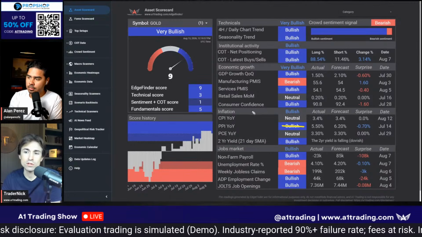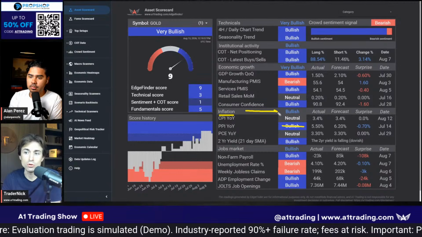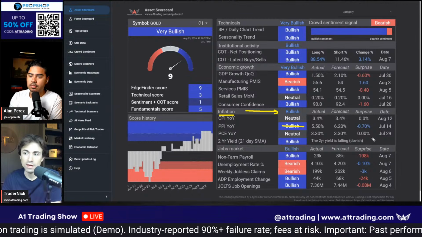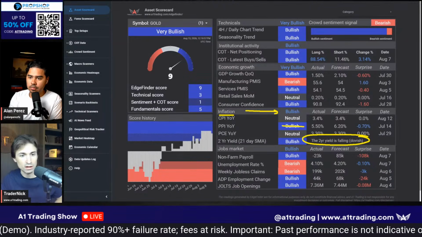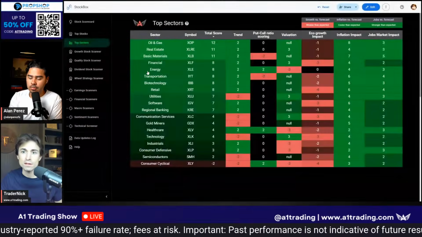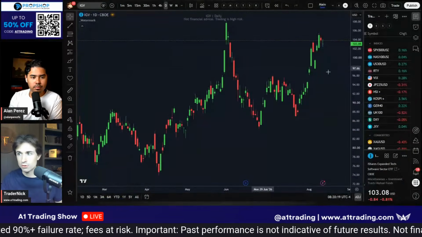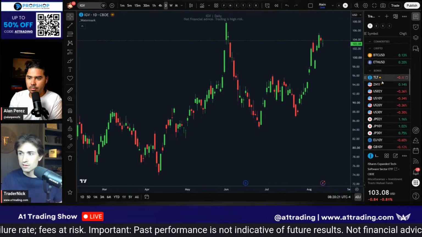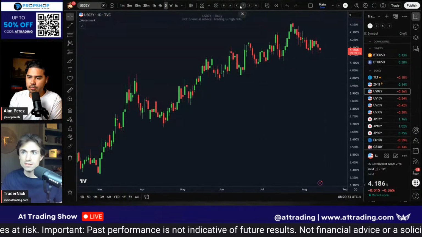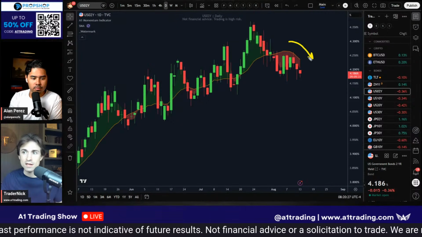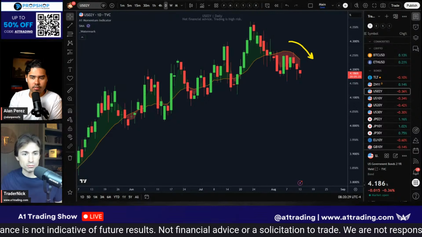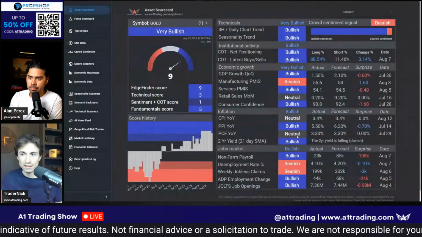That is still going to send inflation into the neutral camp, because we now have the 2-year yield working in our favor. That's a component within the software. It looks at the 2-year yield and says, what's the trend looking like here? And the 2-year yield moving lower like this is generally perceived as a positive for gold. So that's how the scoring mechanism is working.